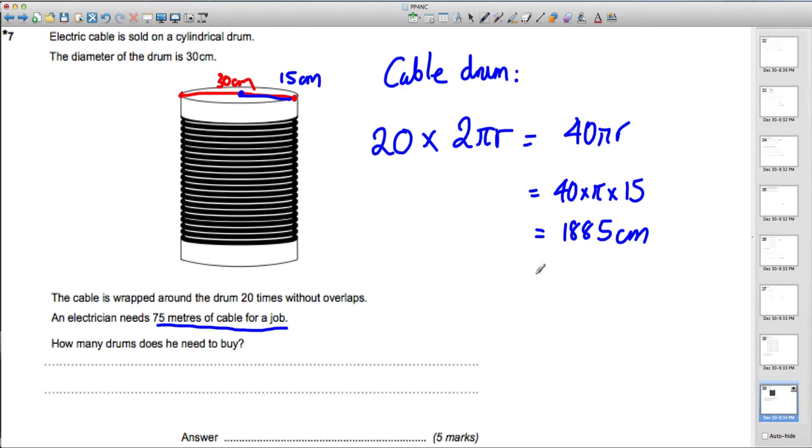And that in meters must be 18.85 meters. So if you need 75 meters of cable, 75 divided by 18.85, you get 3.97, which actually rounds to 4 drums needed.